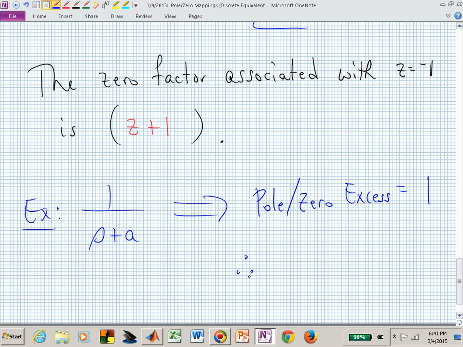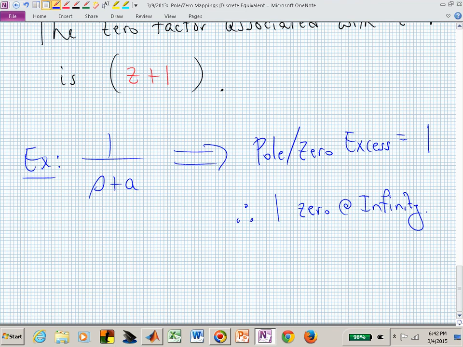That actually tells you how many zeros you have at infinity. Therefore, you have 1 0 at infinity, which means in your discrete equivalent, when you want to produce an h of z, you need a 0 when z is equal to -1.